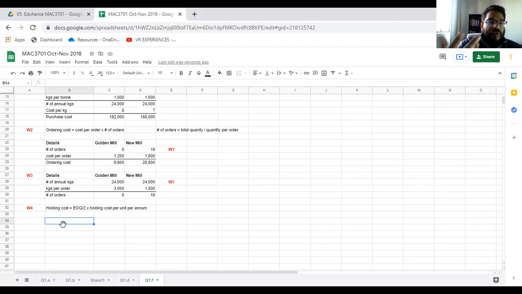But to set up, you do the same story. We're going to say holding cost per unit. Remember, the unit is a kg, so they gave it to us.